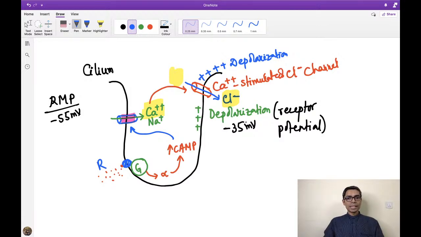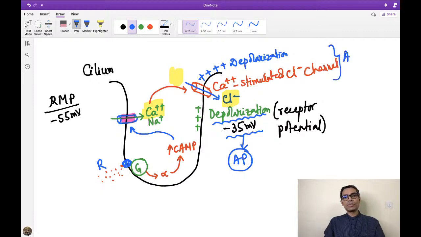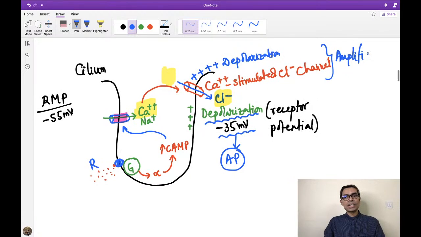What do you mean by that? You are saying, sir, that depolarization has already occurred, and if this depolarization is sufficient, then it can produce action potential. Then what is the need of this second chloride channel opening? This is known as the amplification of this signal. This chloride channel opening is responsible for amplification of the signal.